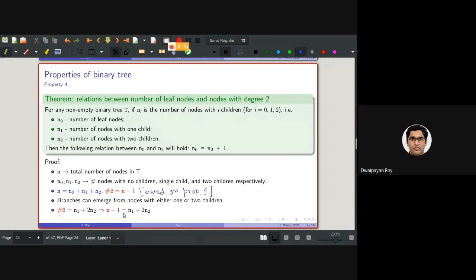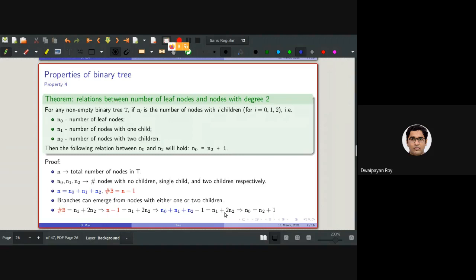So n minus 1 equals n1 plus 2n2, and then doing the simple maths, we will get this. Okay, any question up to this? Up to the 4 properties that we have discussed?